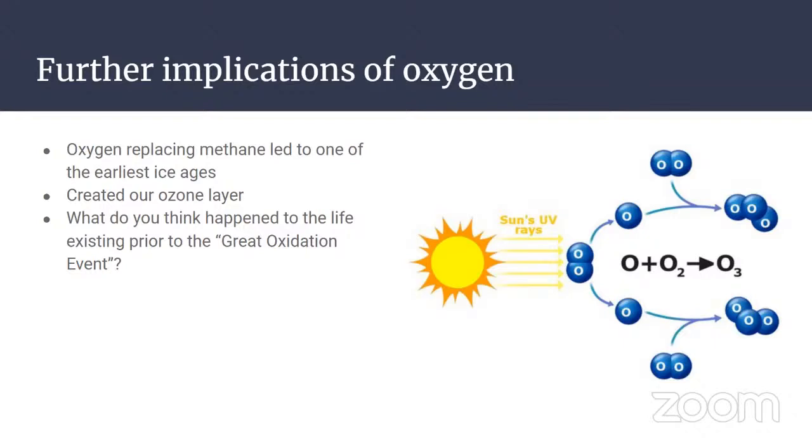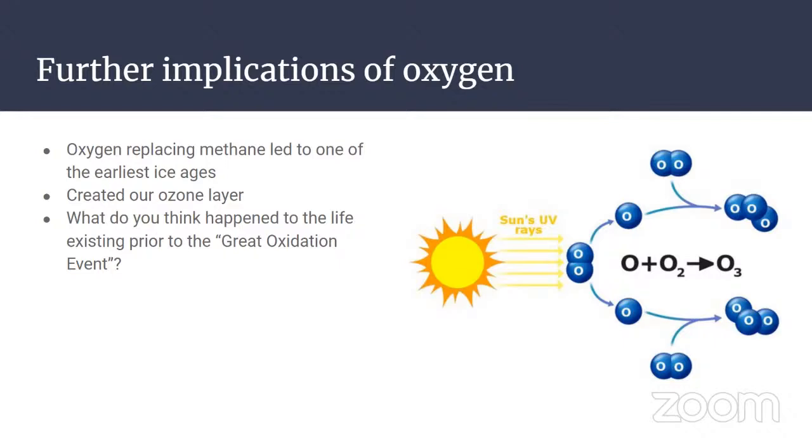So as we have oxygen replacing methane in the atmosphere, we end up with some cooling. So there's evidence that early in the Earth's history, it actually froze over. So we have one of our earliest ice ages in the deep past.